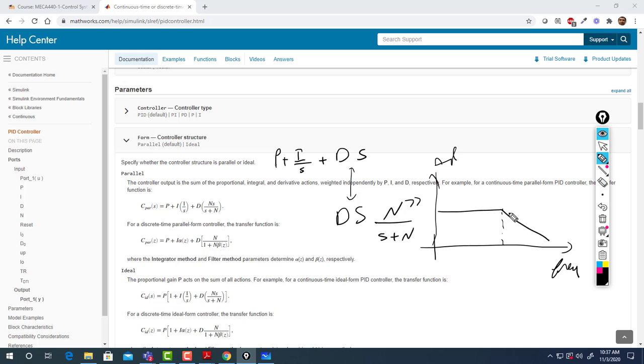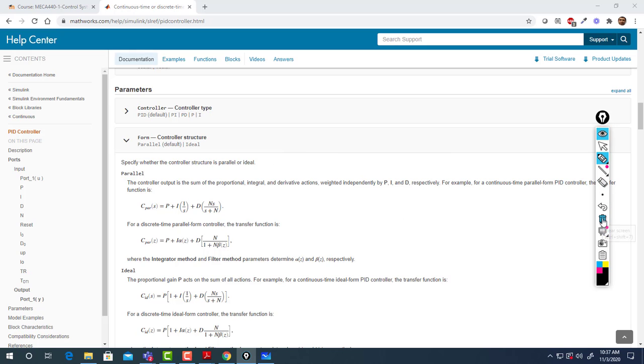It filters the frequencies which are higher than this frequency, which is related to N. So in practice we add a filter on it. We don't have degree of numerator more than degree of denominator, physically speaking. Because the derivative amplifies the noise, this filter helps reduce the noise.